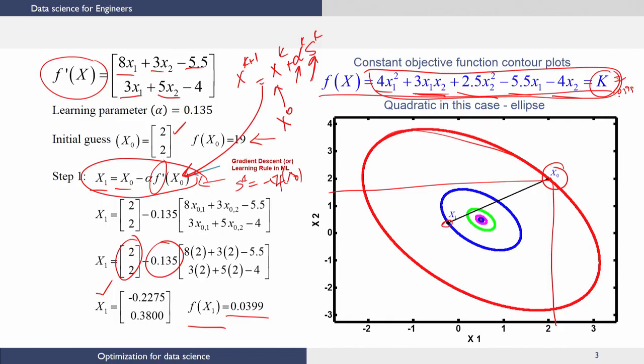So, this continues to be an ellipse, but it is an ellipse that has shrunk from your original ellipse. The constant contour plot, this blue plot, is the plot at which f of x will take the value 0.0399. Wherever you are on this blue contour, the objective function value is the same. So, this is the first step of the learning rule that we see.